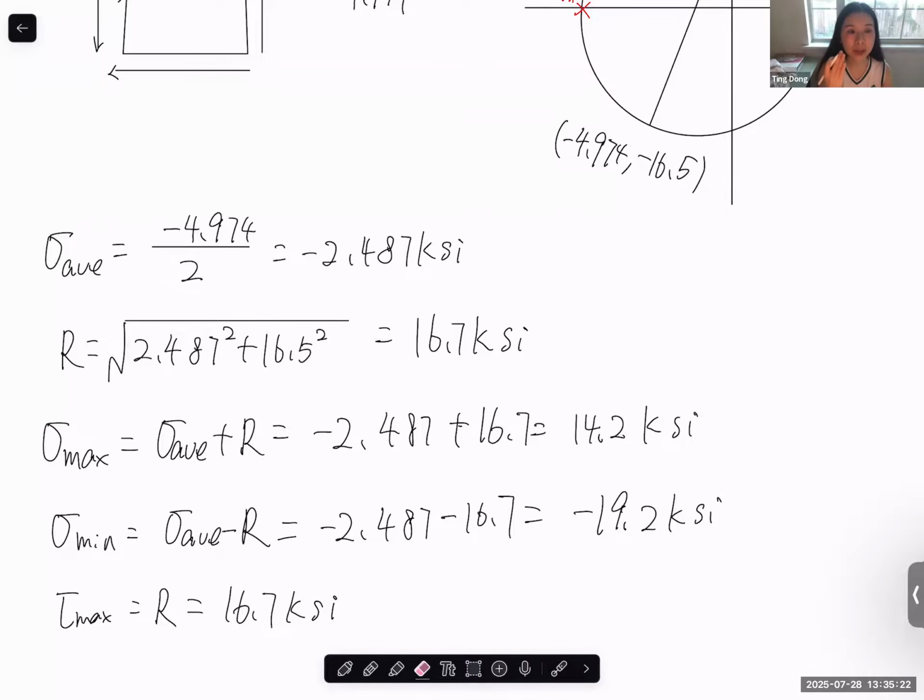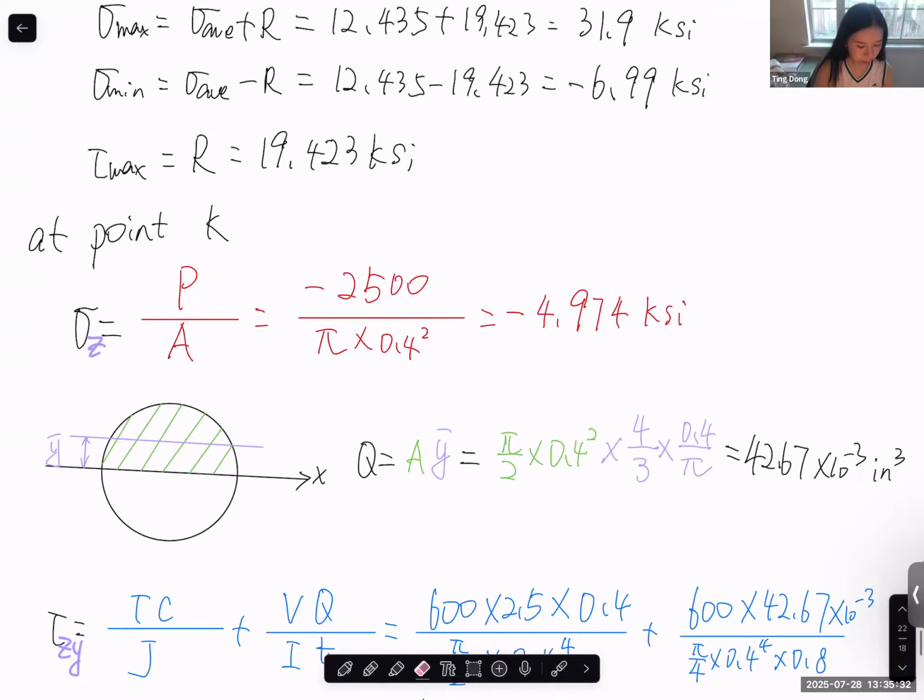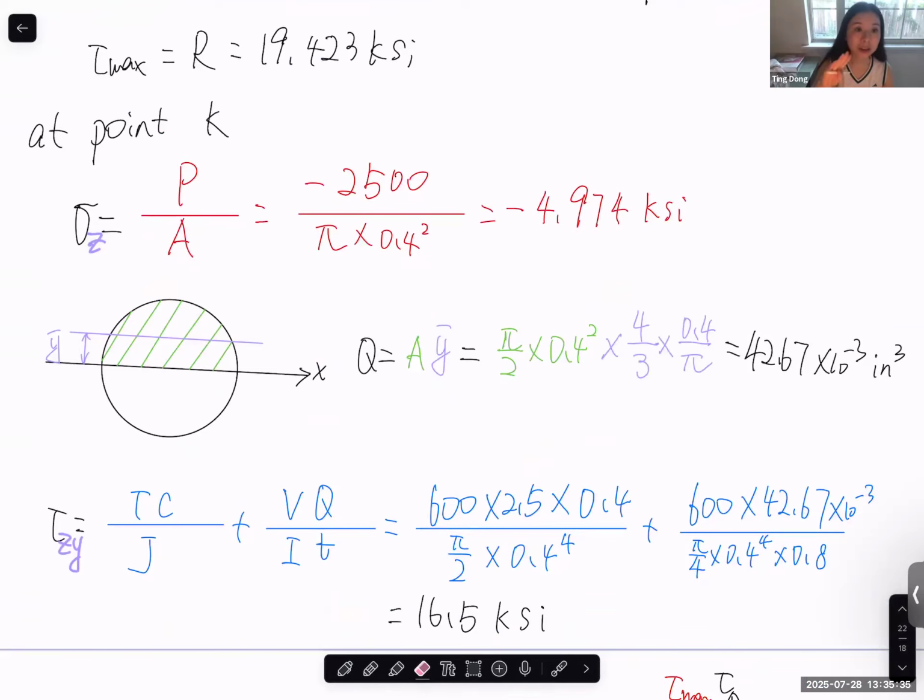Remember when we talked about a plane stress problem, a 2D problem, the stress in the third dimension becomes 0. So we consider it a 2D problem. Same thing here. Everything is in the z direction and y direction, so everything in the x direction is 0. So the third direction being 0 becomes a 2D problem.